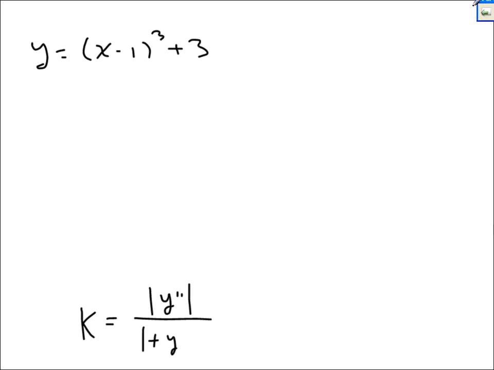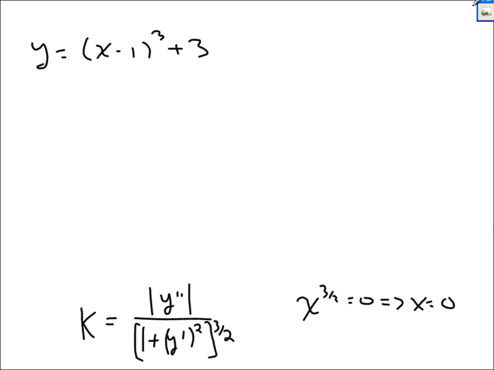A fraction is 0 when the numerator is 0 and the bottom is not. The thing with the bottom is it'll never be 0. Remember, if you have x to the 3/2 and it's 0, that implies that x was 0.